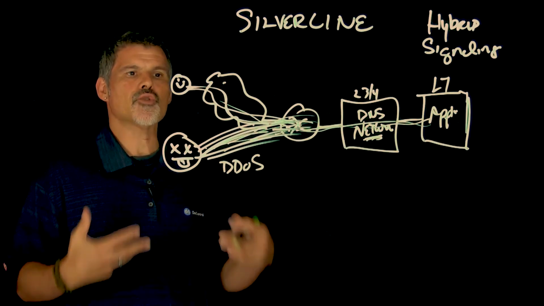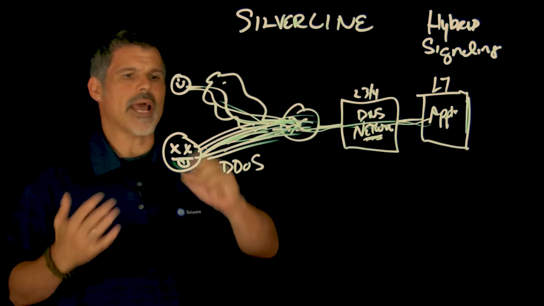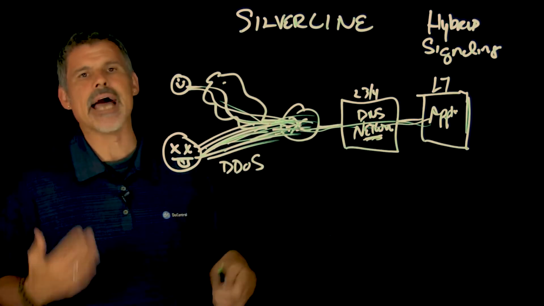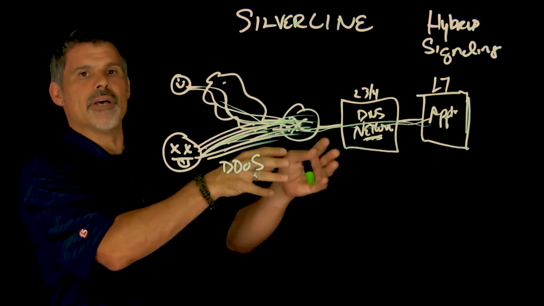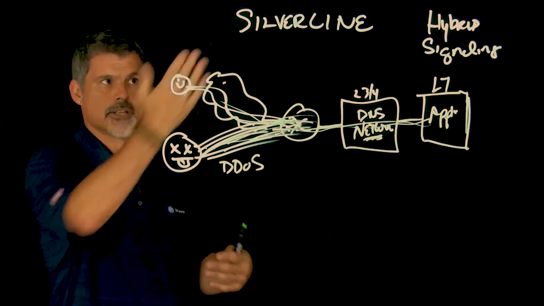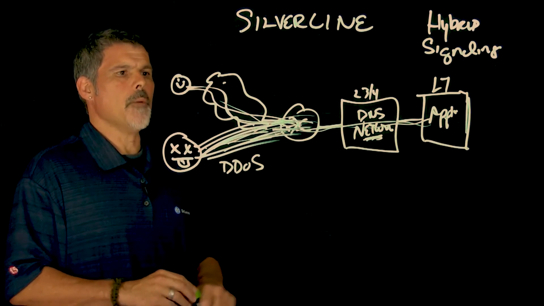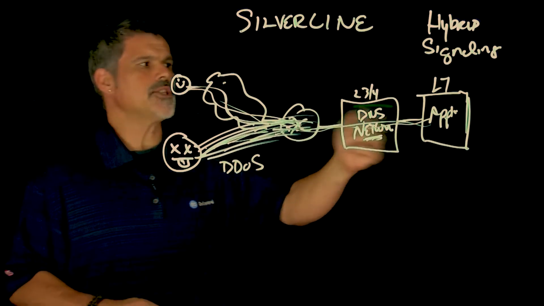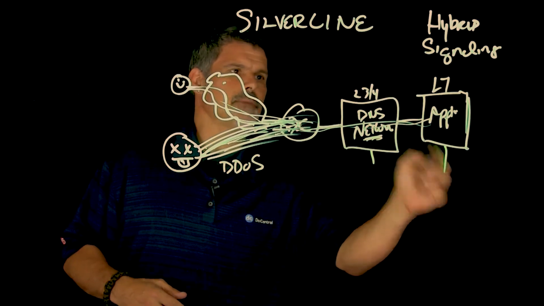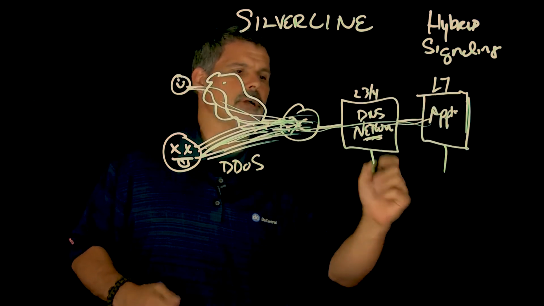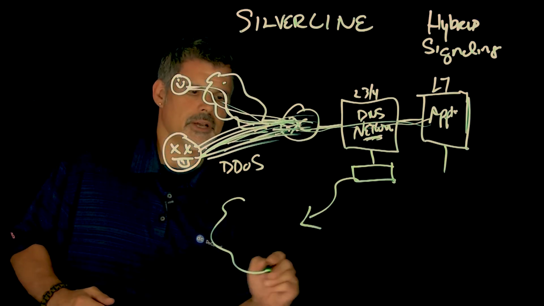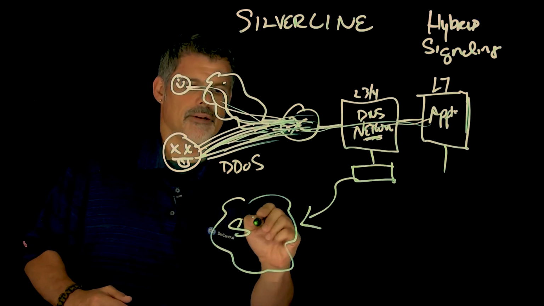to then trigger a signal. And so what happens is all the traffic comes in, and the hybrid signaling allows you to integrate the on-premise solutions with a cloud-based scrubbing system, Silverline. So when you reach certain thresholds, it could be either the layer 3 or 4 or the application layer, they actually signal Silverline.